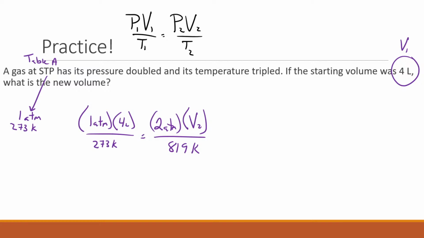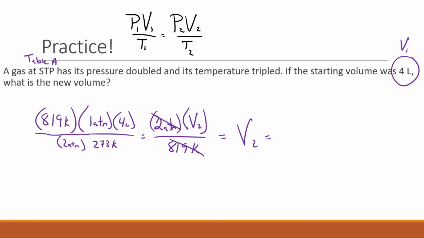And now, all of a sudden, I went from having one number to having 5 numbers. And I can solve this out. After doing some arithmetic to get V2 by itself, multiplying both sides by 819, and dividing both sides by 2 atmospheres, I cancel these things out and V2 is by itself. I can solve this out and get my very exciting answer of 6 liters.